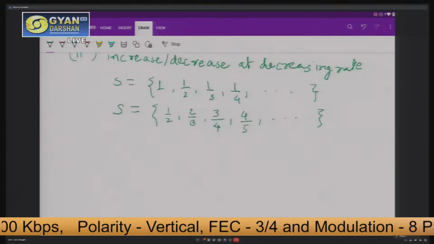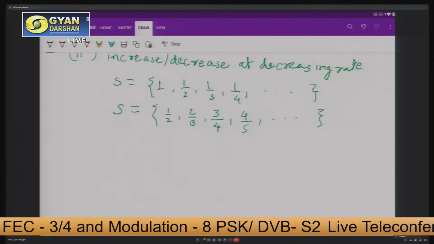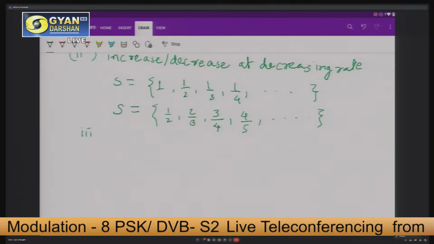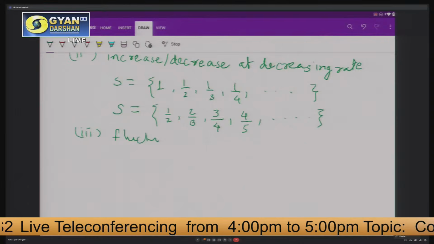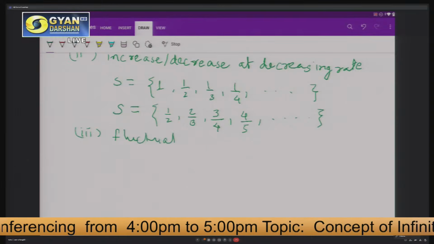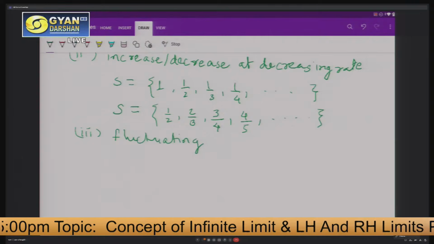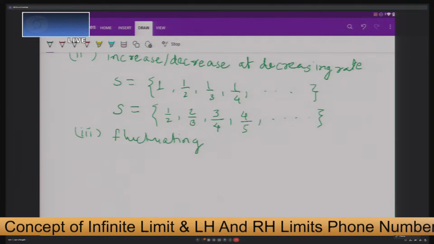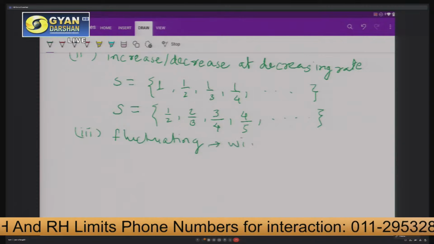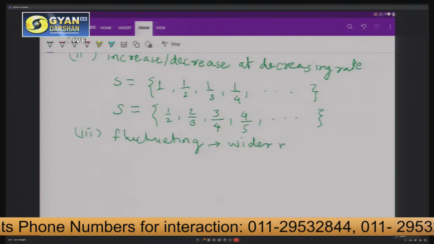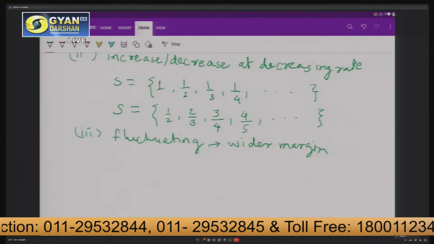Now there are many other types of sequence, maybe a third type, fluctuating with wider margin, so that we cannot conclude anything.